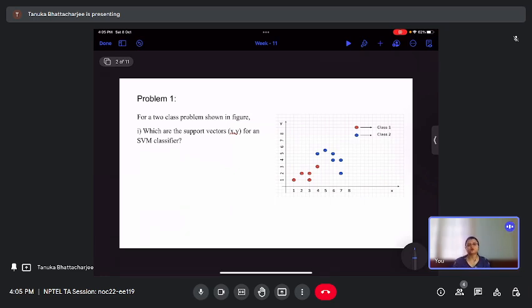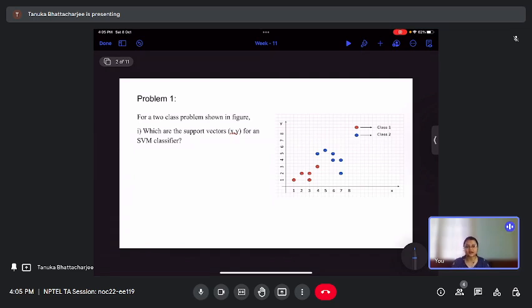SVM was also a type of classifier, and in this particular type of classifier, while deciding the decision boundary which will separate your classes, let's say we are considering a two class problem, then the decision boundary separating the two classes that you will have to determine, which will be your discriminant function.